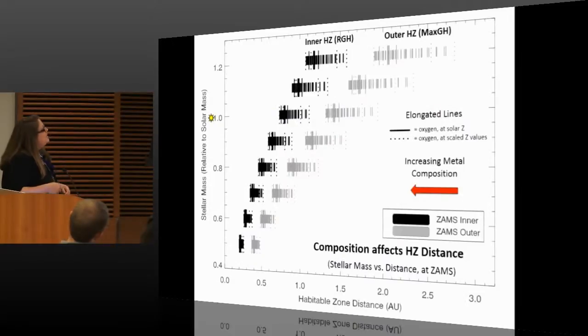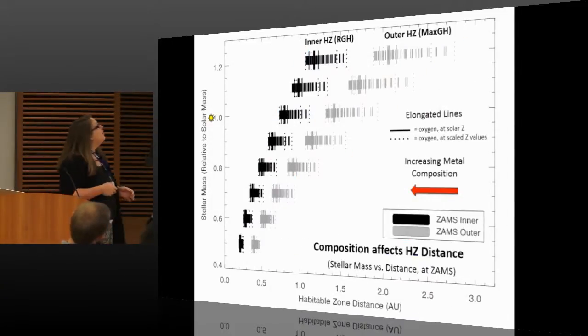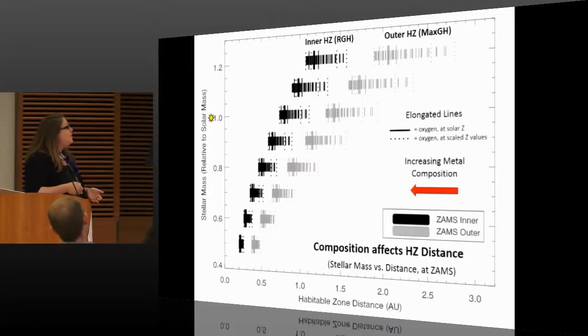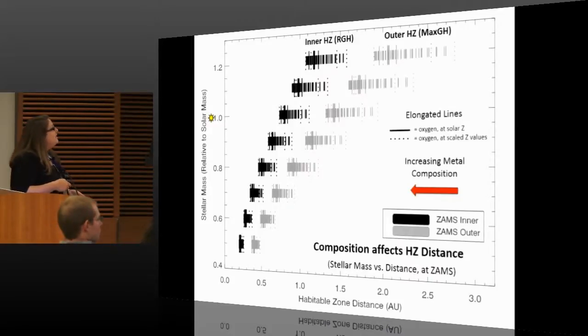Now this is a little overwhelming, but it's basically the same thing as the last plot, except that this is for all of my 376 stars. So each line is a different data point. And this is just, again, to reinforce the idea that composition really affects where your habitable zone distance is going to be.